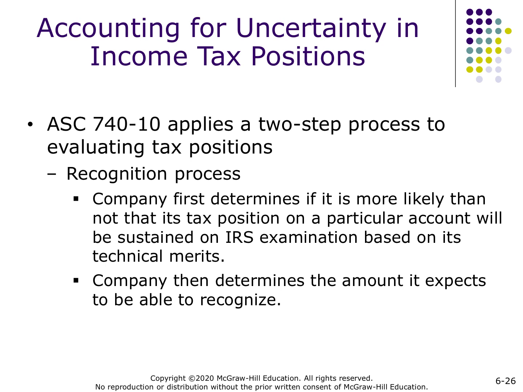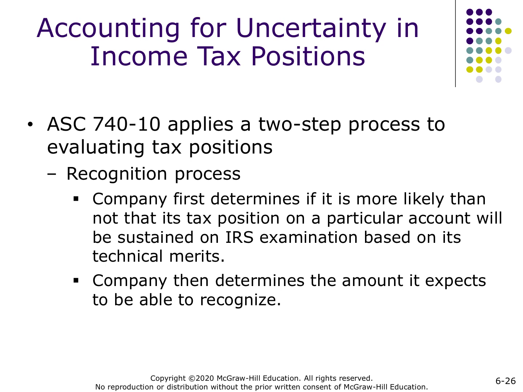All right, so there have been a lot of slides kind of on the theory of this valuation allowance. Now we get down to the evaluation of tax positions. And so first you have to recognize, all right? So we have to determine whether it's more likely than not that its tax position on a particular account will be sustained. And then we determine the amount that it expects to be able to recognize, okay?